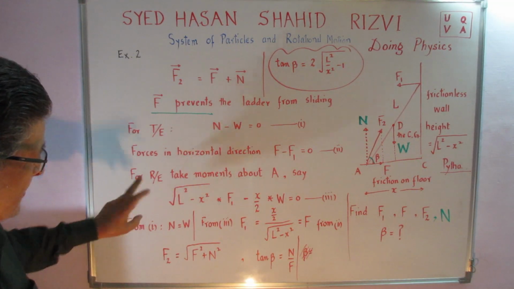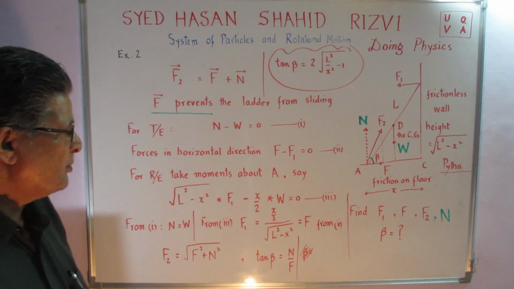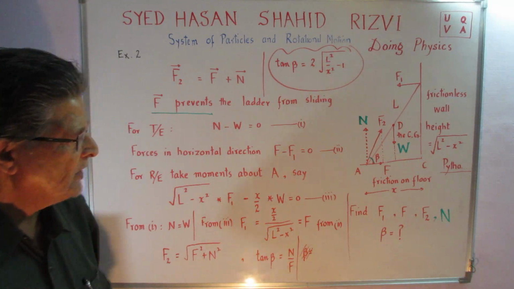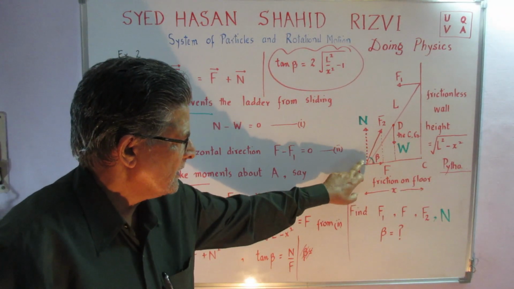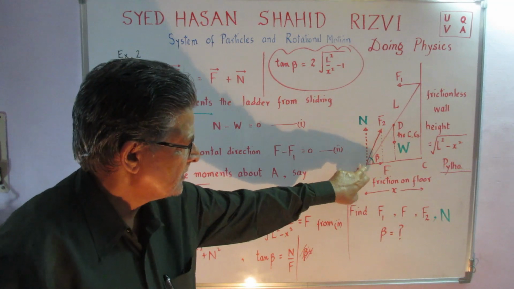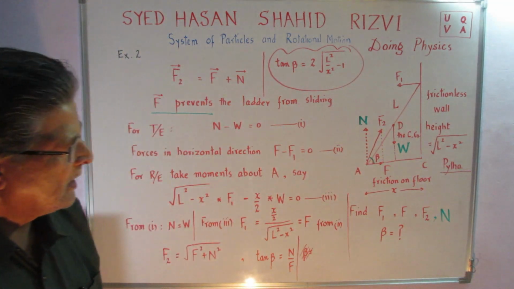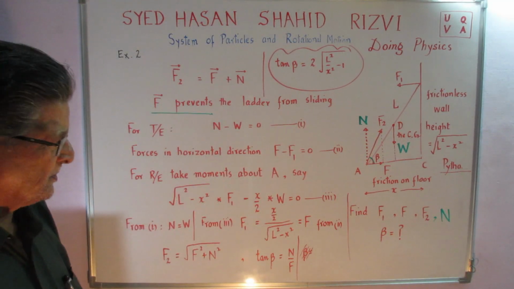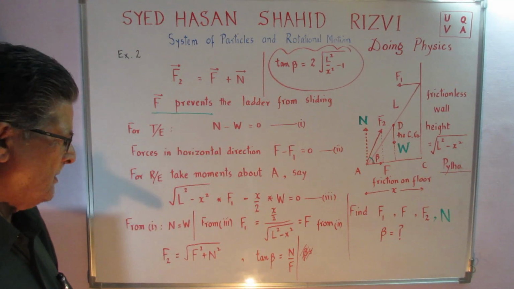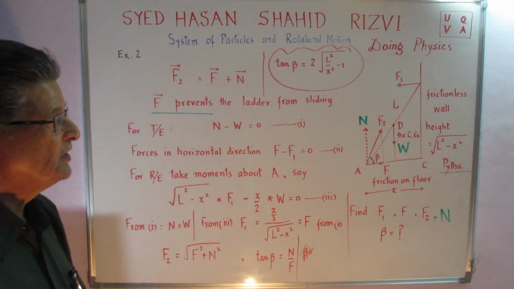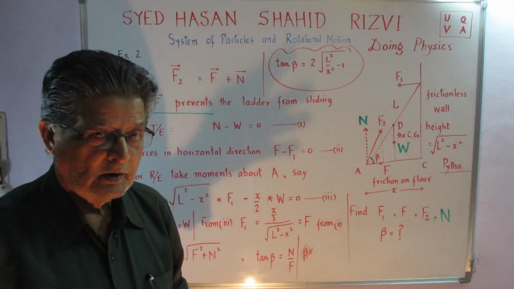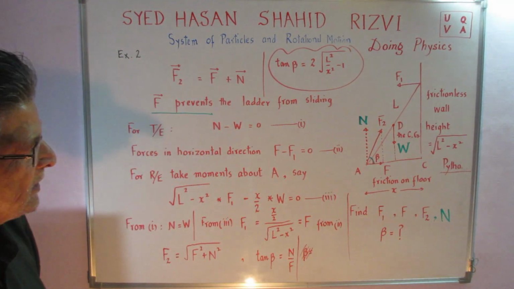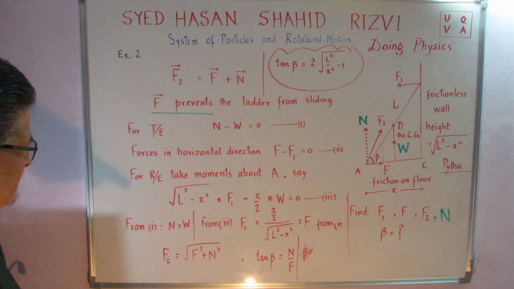For rotational equilibrium, we take moments about A. We take moments about this point A here, this is the point A. I can take moments about any other point of the system, but just from experience, we choose the point for which the calculations have to be least.